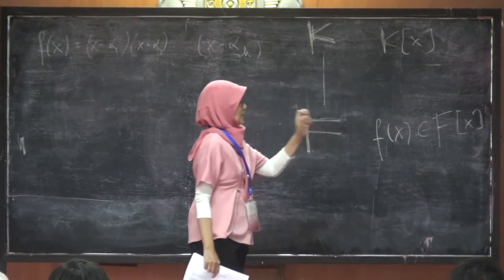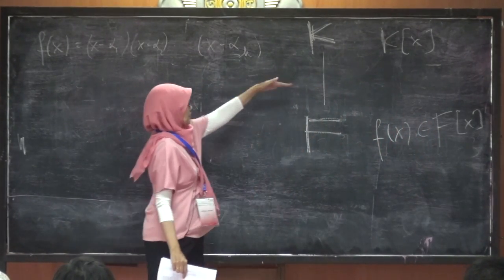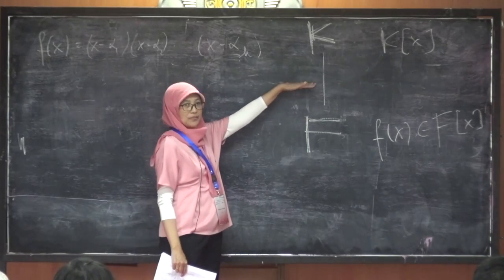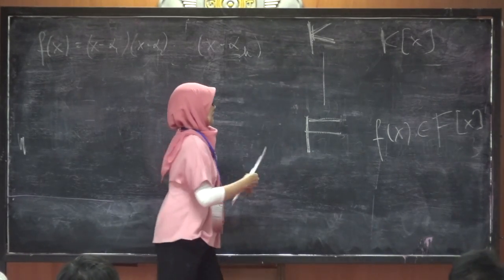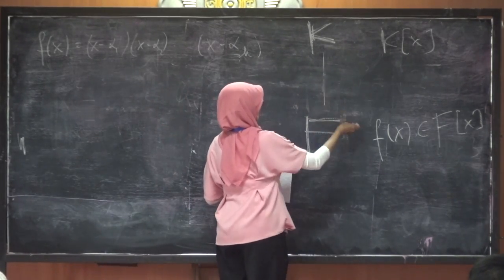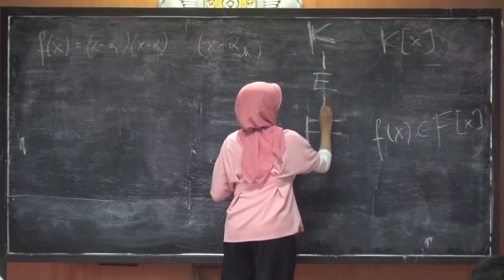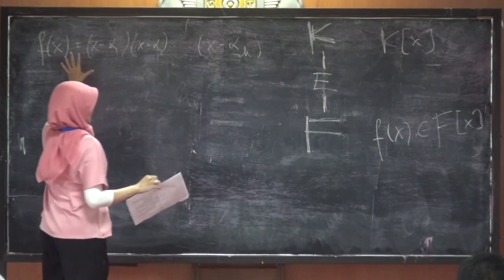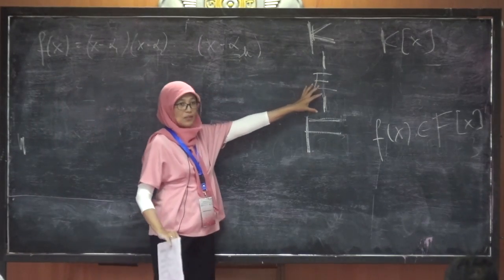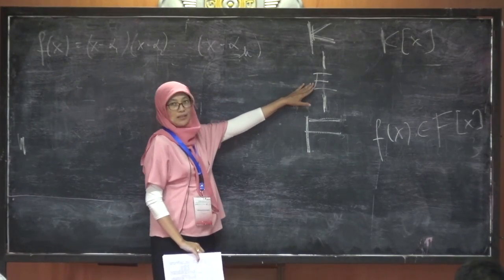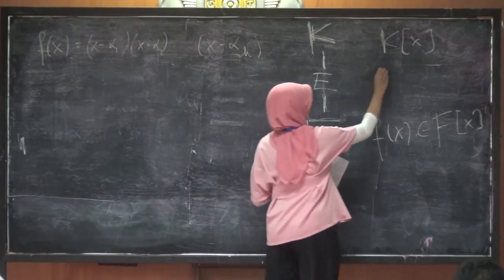But f(x) doesn't factor completely in any field which contains F and is smaller. So between F and K, if there is another field, for example E, then f(x) does not factor completely in this E[x].